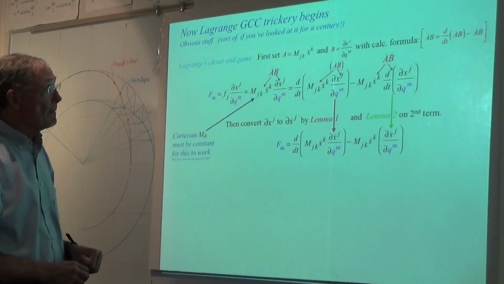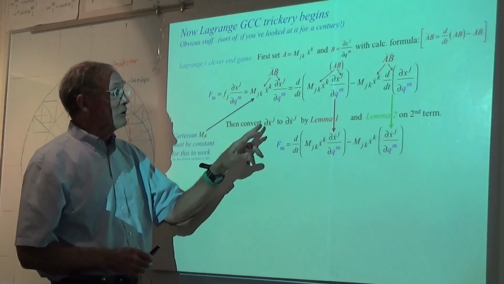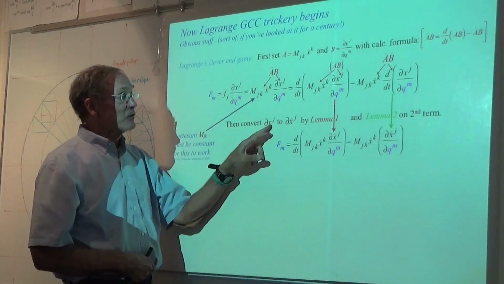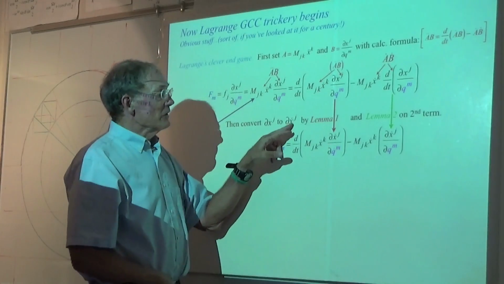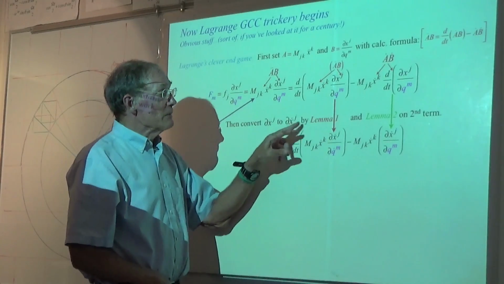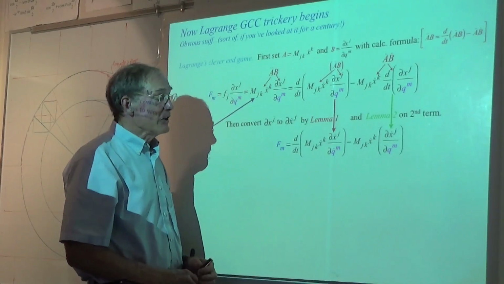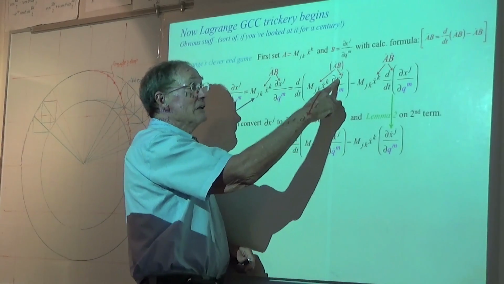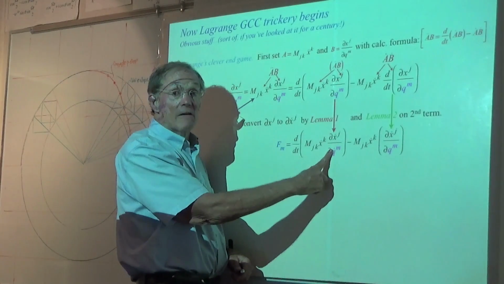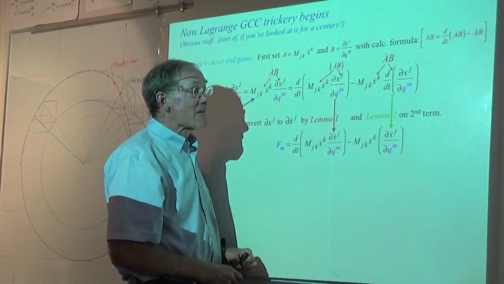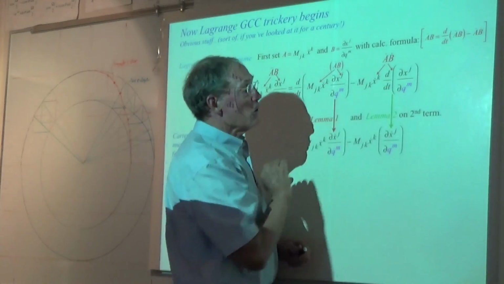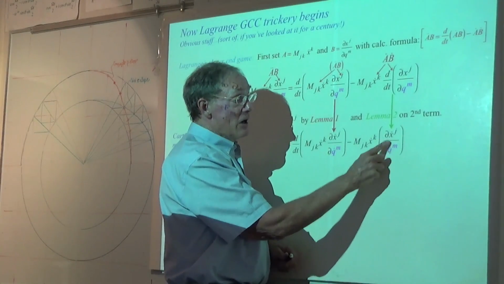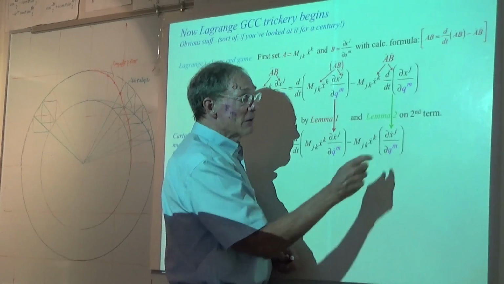So what we're going to do then is convert the partial xj, for example that one, to partial x dot j. So lemma 1 says that this thing right here is the same as that thing. And then lemma 2 says that the derivative of a Jacobian is a partial with just the dot on top, not on the bottom.